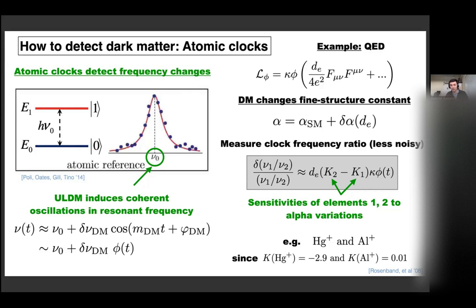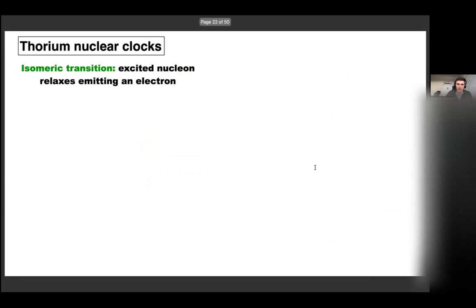This is your reference. And then you would take something that hopefully depends very highly on alpha variations, here mercury ions, which has this sensitivity factor 3. And by doing this, you just measure what's on the left-hand side here, and then you would bound DE by doing this. Very good. So now what about nuclear clocks?